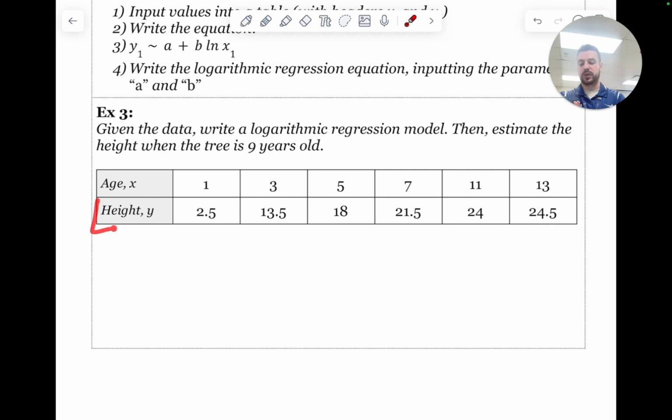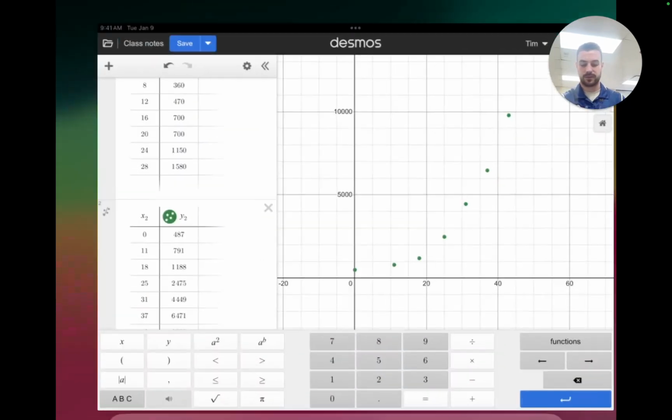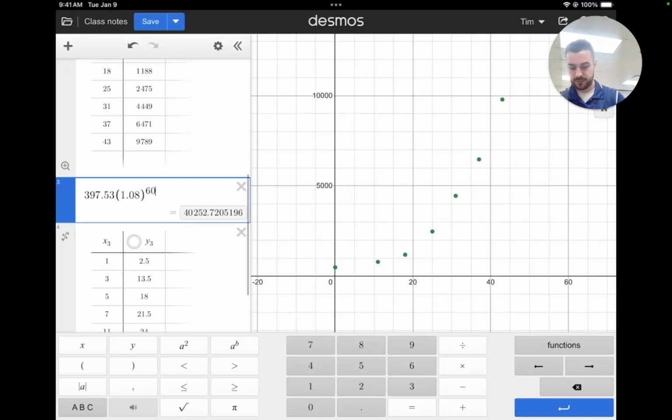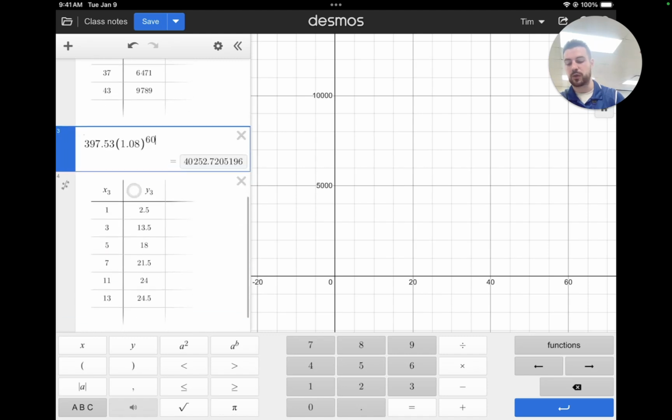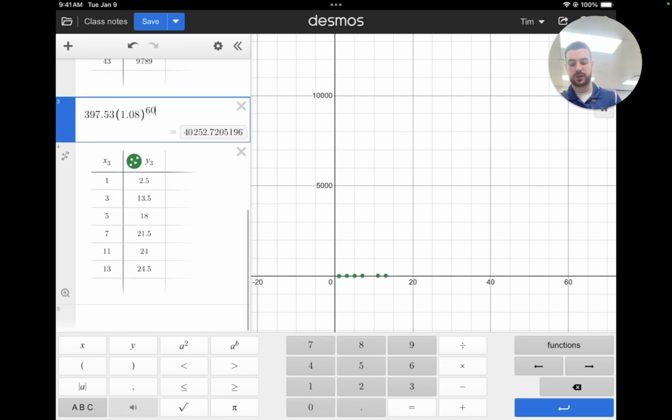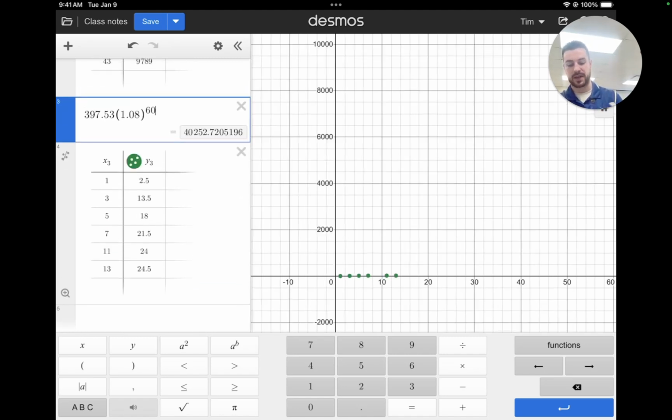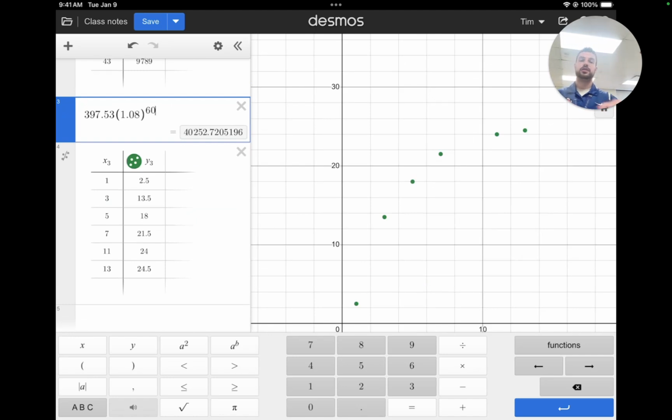So what it looks like is we have the height of a tree and then the age of the tree. So I'm going to take these values, create a table and plug into Desmos, click my magnifying glass, and we can see our data. We should be able to tell that the data kind of goes up and curves to the side. That is pretty logarithmic, if you ask me.